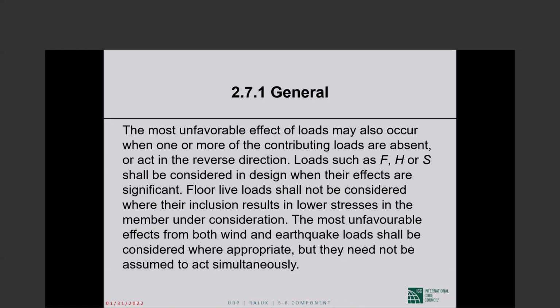Okay, you shall design for wind, you shall also design for earthquake, but there is no load combination where you combine wind effects with earthquake effects. That you don't. Okay? They need not be assumed to act simultaneously.